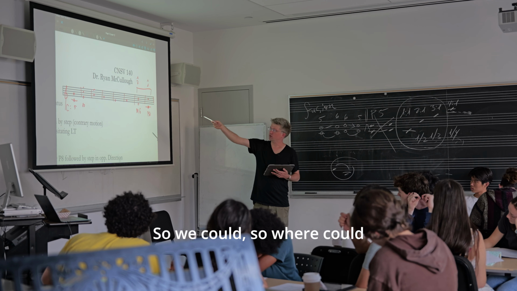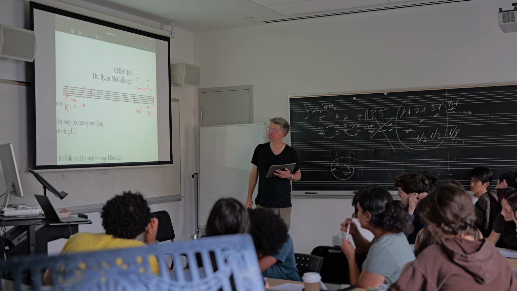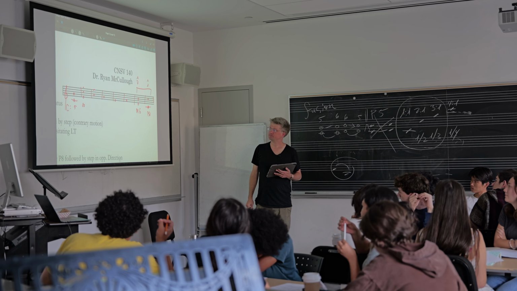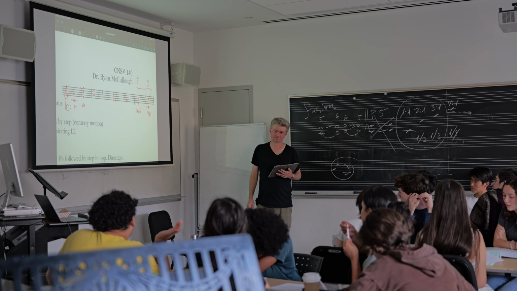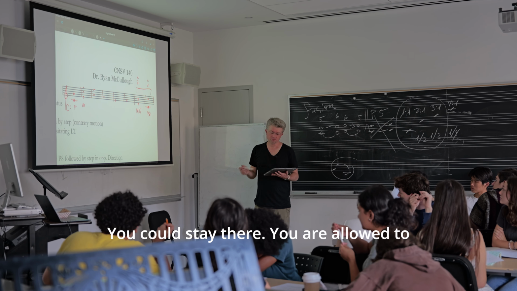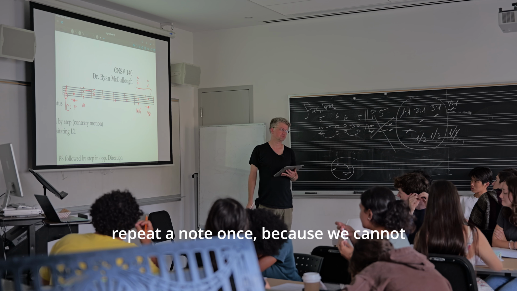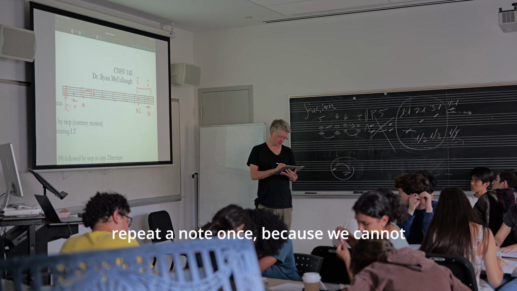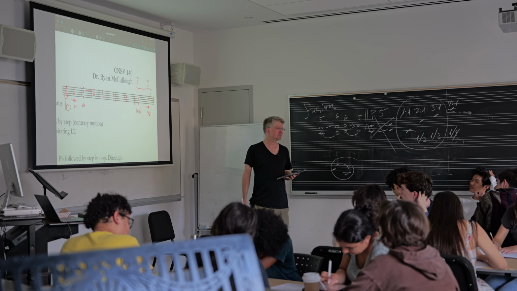So where could we go next if we go to the C? You could stay there. You are allowed to repeat a note once, because we cannot have counterpoint where it's just like this all the way through, right?